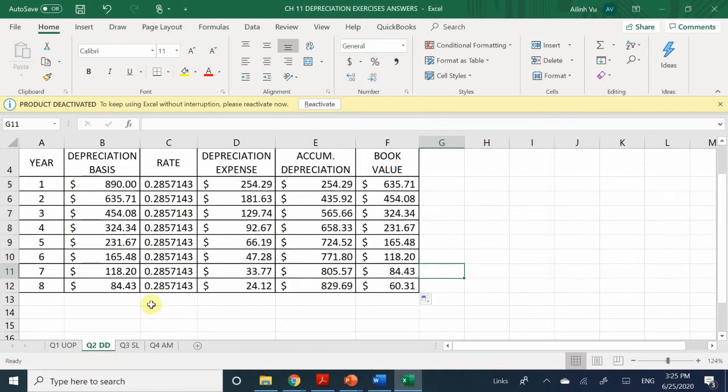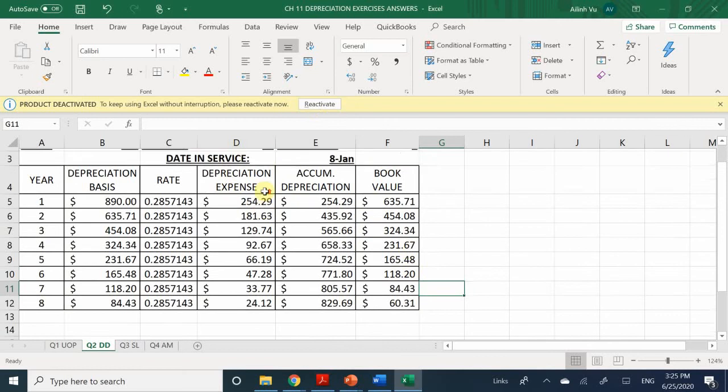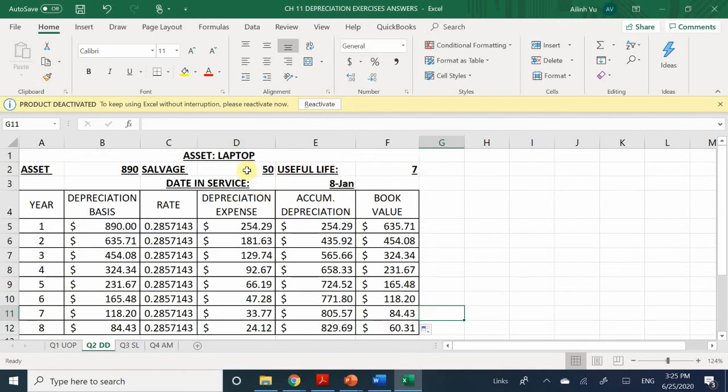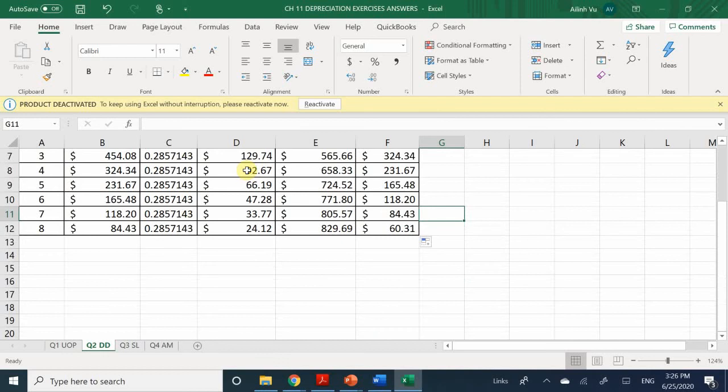Okay, so that's why we cannot continue, because it's already at $60 something. No, we can continue because my salvage value is 50. Right? But it cannot end up below 50, right? No. Okay. That's when you work backwards.